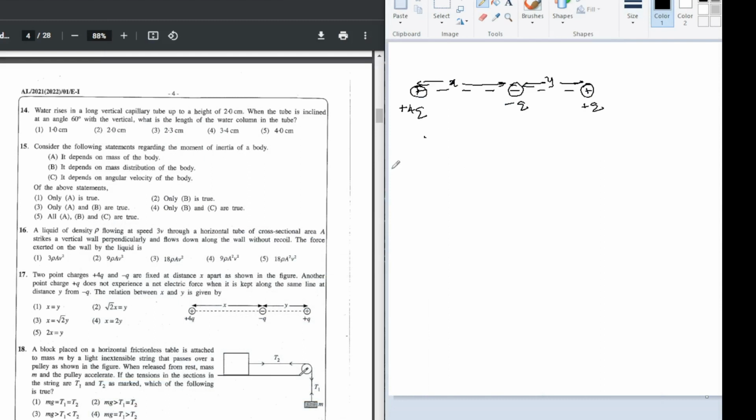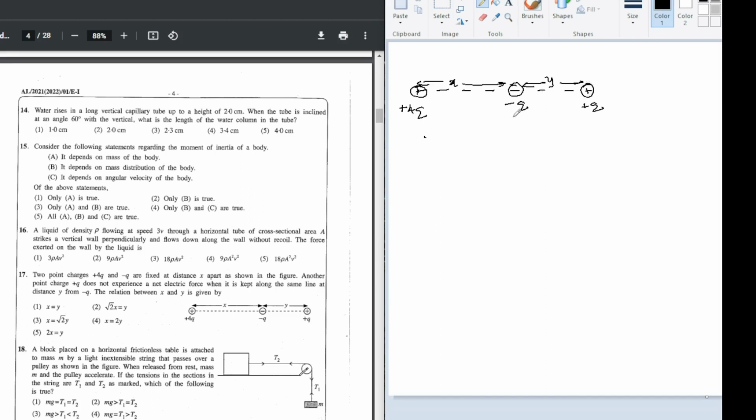Question number 17. Two point charges plus 4q and minus q are fixed at a distance x apart as shown in the figure. Another point charge plus q does not experience a net electric force when it is kept along the same line at distance y from minus q.